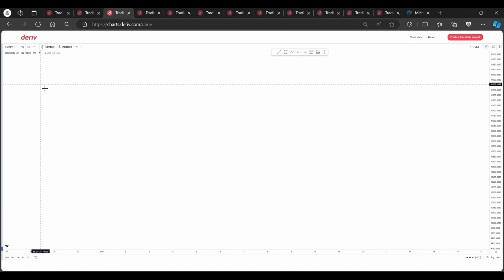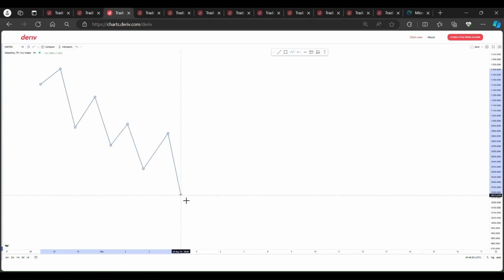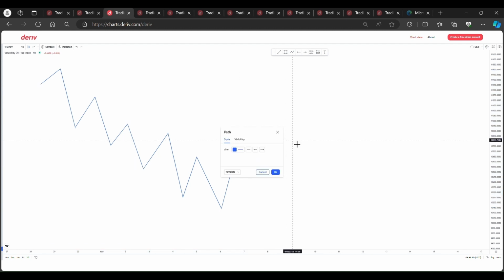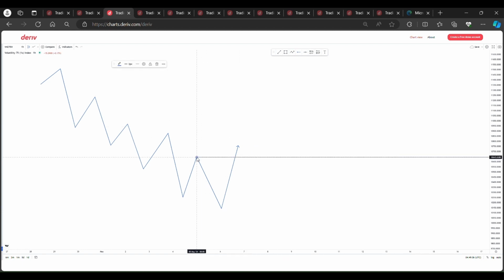So let's just say we are in a downtrend. Then we see price make this move, something like this. Now, this change of character that price did at this particular point is very important.